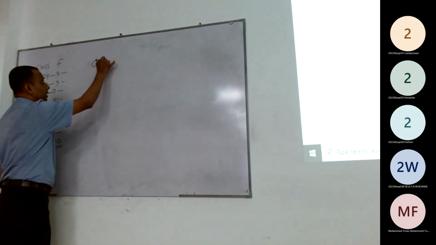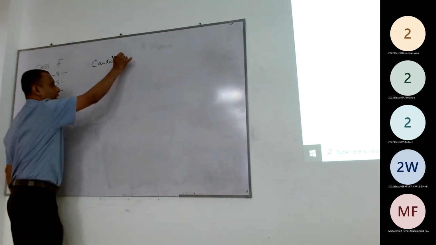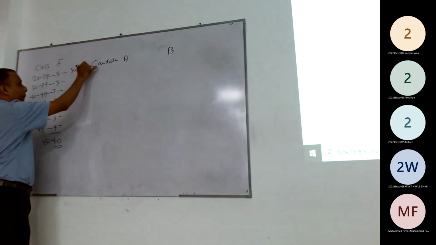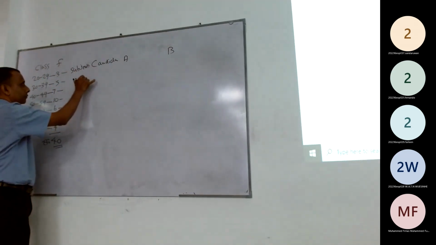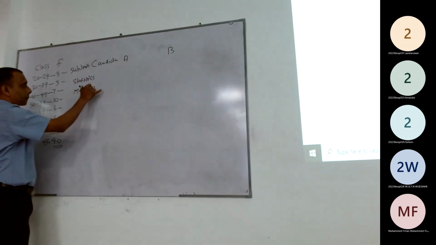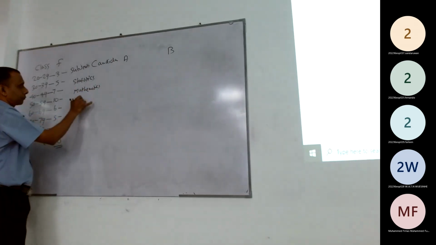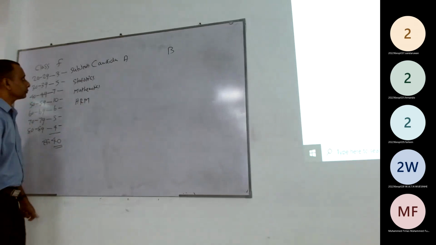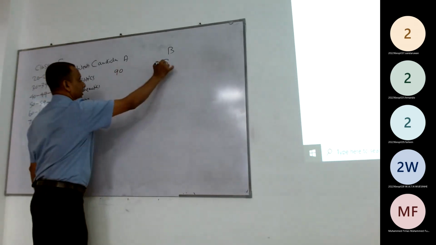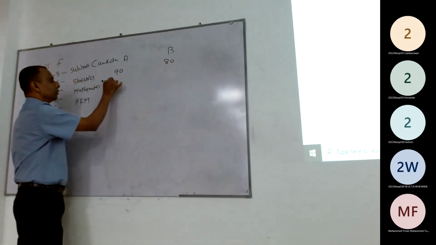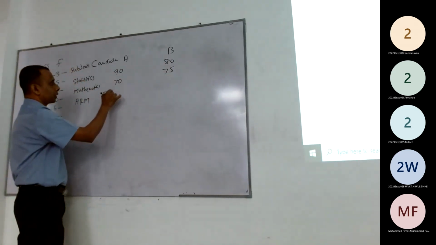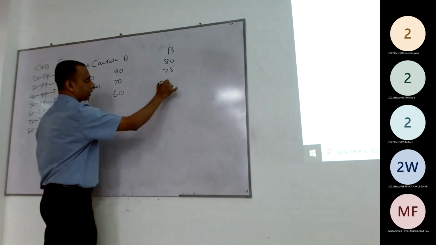Candidates A and B, and the subjects are statistics, mathematics, and HR. Candidate A has 90 in statistics, 70 in mathematics, and 60 in human resource management. Candidate B has 80, 75, and 90.